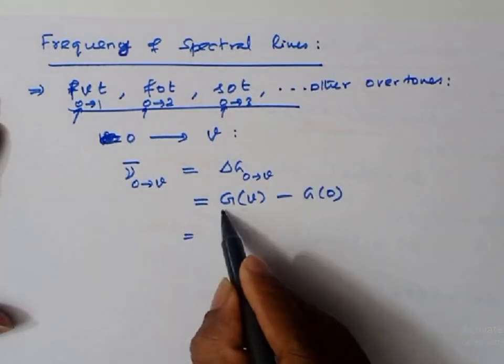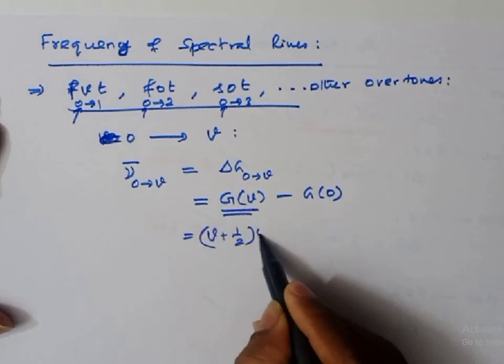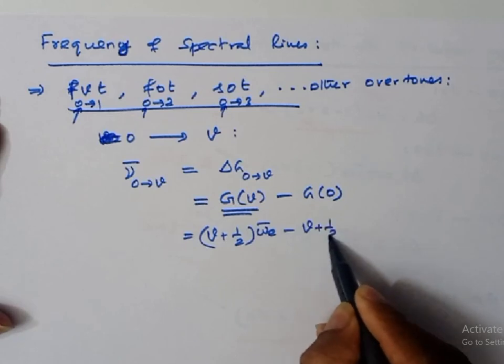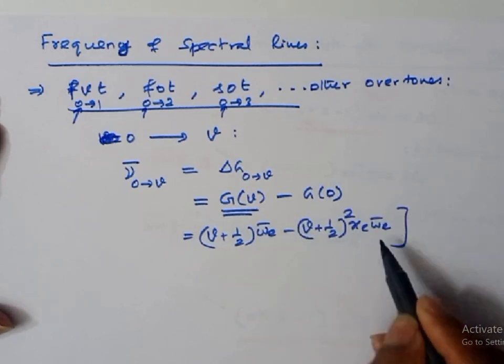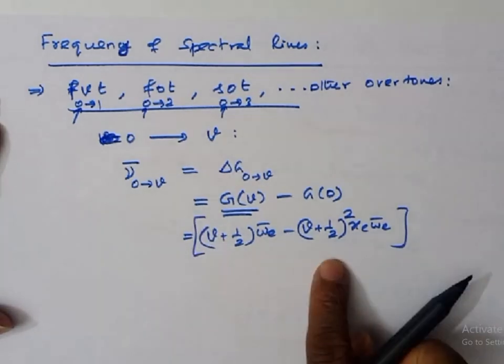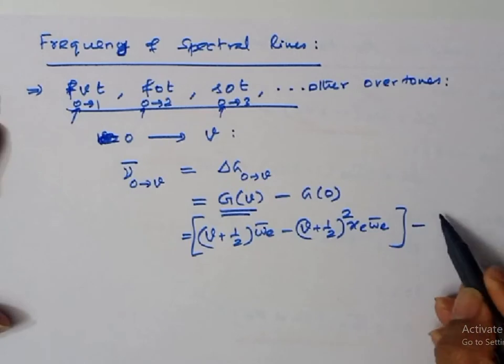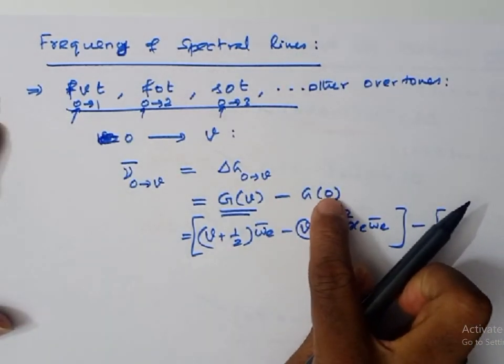What is the energy formula? You know very well: (V plus half) times omega E bar in wave number unit, minus (V plus half) the whole square times Xe times omega E bar. This is the vibrational energy for the Vth state, minus the vibrational energy for the V equal to 0 state, that is the ground state.